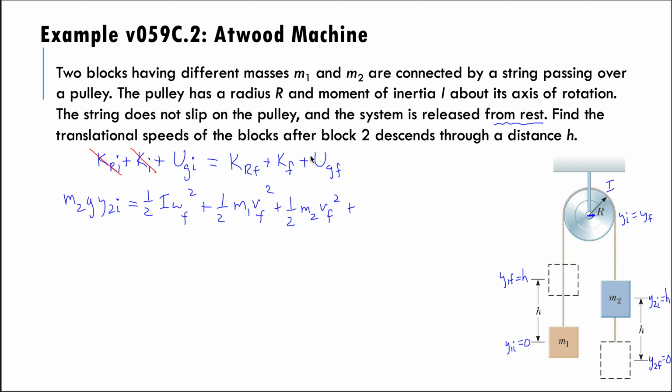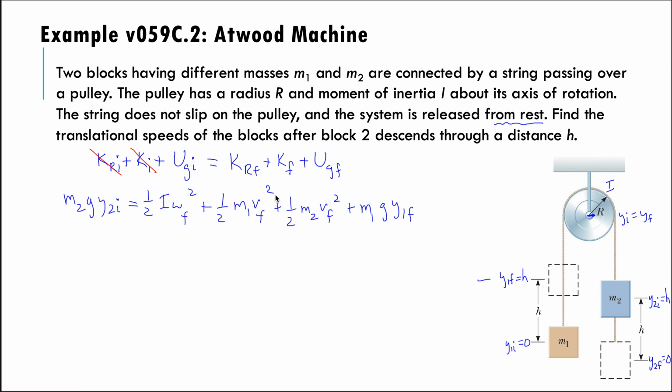And then for the final potential energy, only mass 1 has that final height, so m1 g y1 final. When you think of it this way, it's not too bad. Just think of one term at a time, one object at a time, and we end up having 5 terms here.